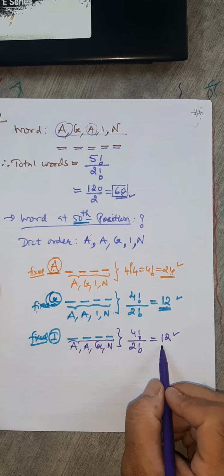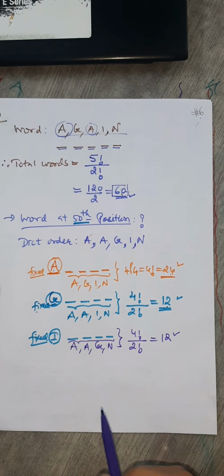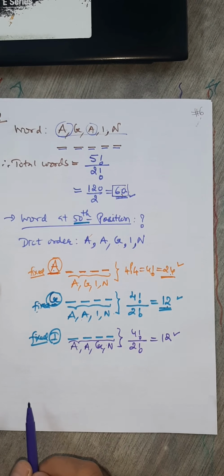Fine, this is 12. Now how many are there? 48. You are close to 50, remember.